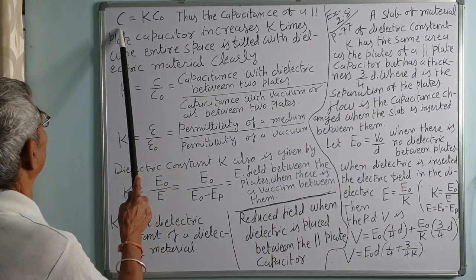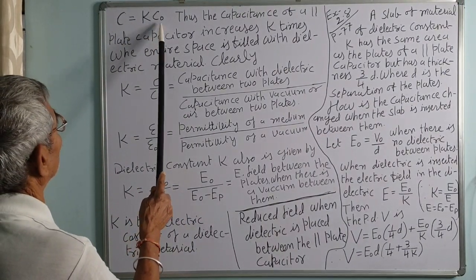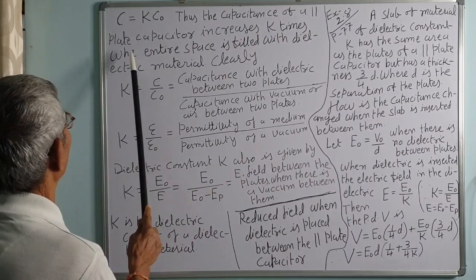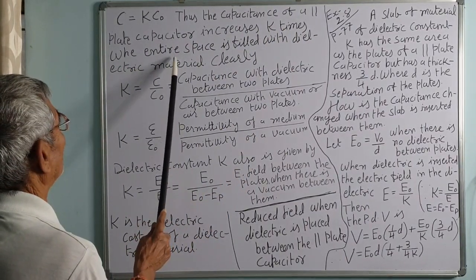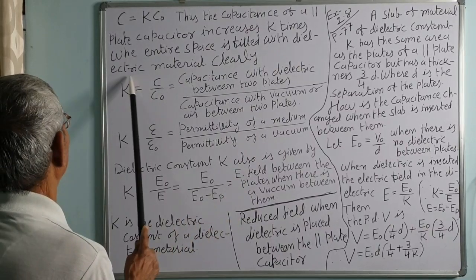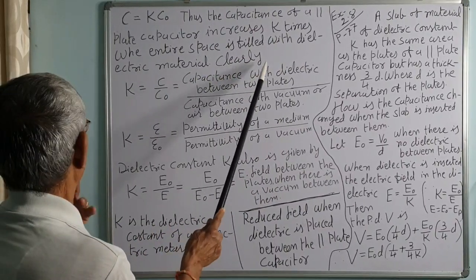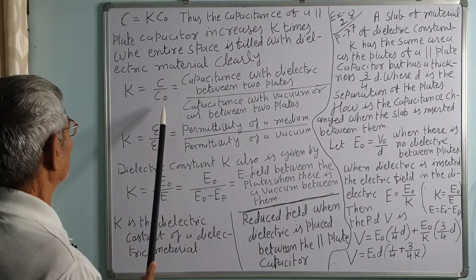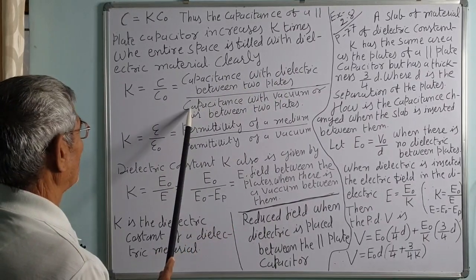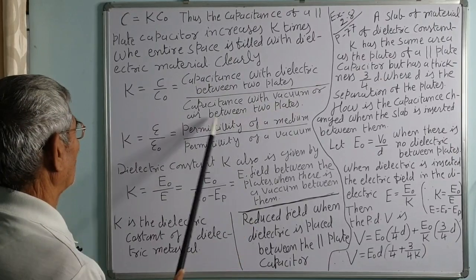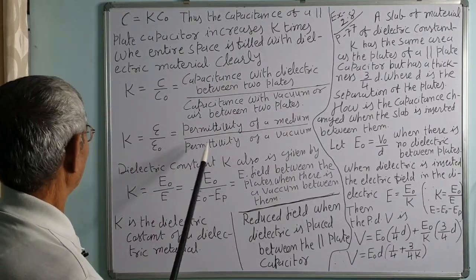Thus, capacitor C is equal to K C0. Thus, the capacitance of a parallel plate capacitor increases K times when the entire space is filled with the dielectric material. Clearly, K is equal to C upon C0, that is the capacitance with dielectric between two plates upon the capacitance with vacuum or air between the two plates.